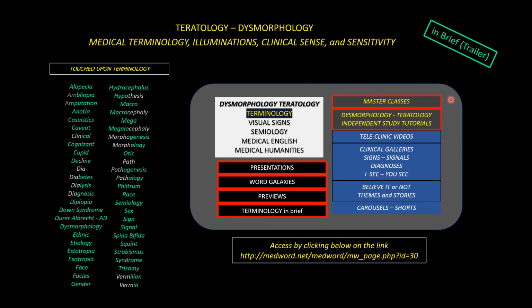Of course, to do this goal, that is, present medical terminology illuminations with clinical sense and sensitivity, and in the sphere of this morphology, that is, teratology, embryology, and clinical genetics, it requires many types of formats. Again, if you like to know what kind of formats and their rationale, you can go to MedWord companion website, and all of that is explained there.